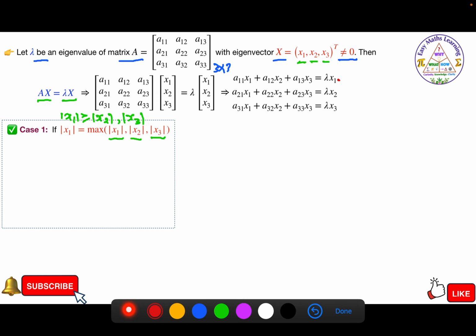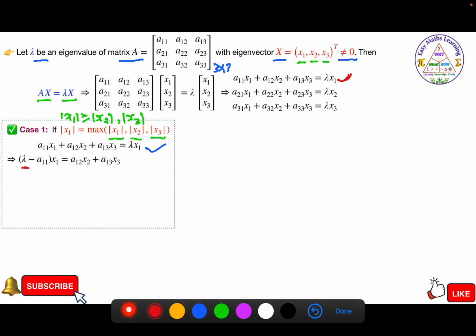As row 1 contains x1, and on the right hand side we have lambda x1, we proceed with the first equation. We rearrange the terms.